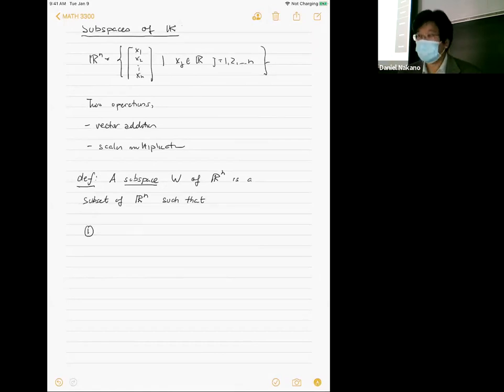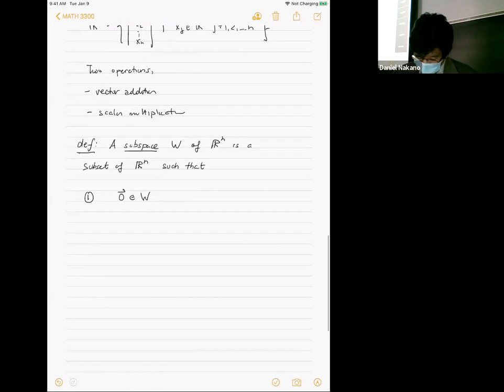This first condition is actually extraneous, but let's keep it in anyway. It just reminds us about a certain property of subspaces. So the first thing is that the zero vector has to be inside of W. If the zero vector is not in W, then it's not a subspace.